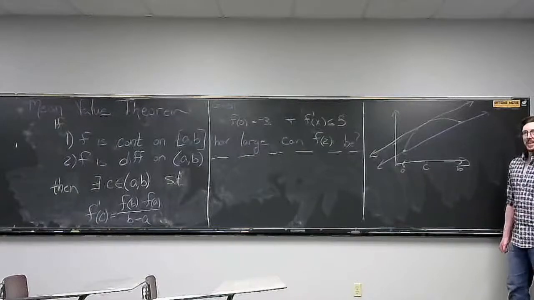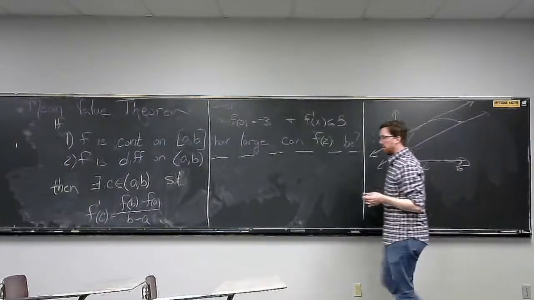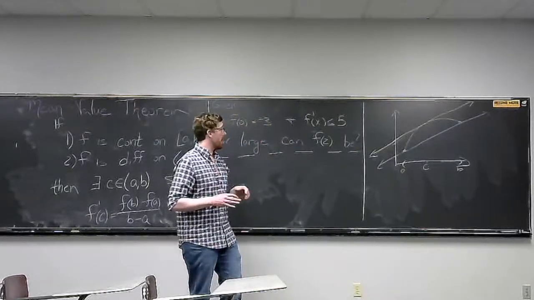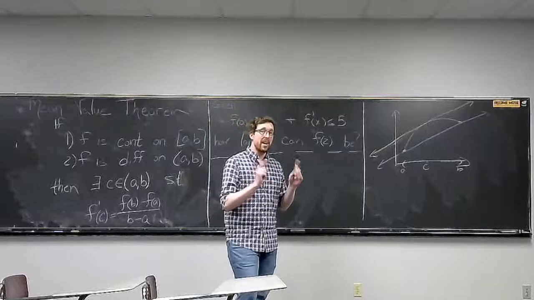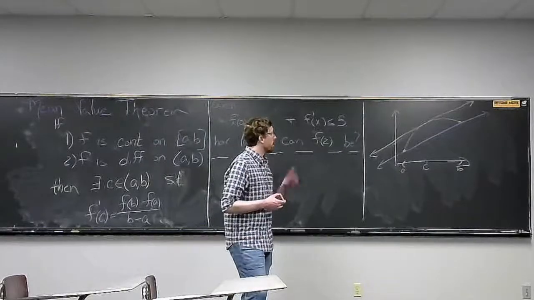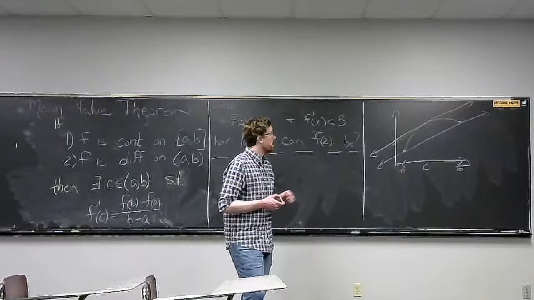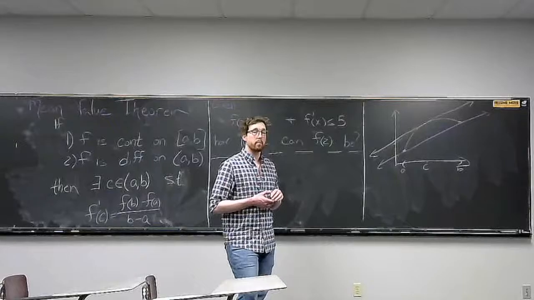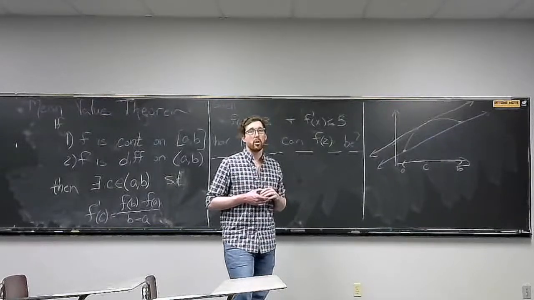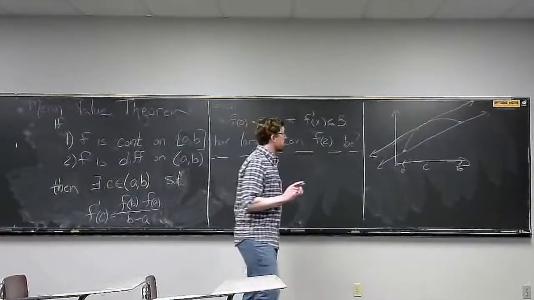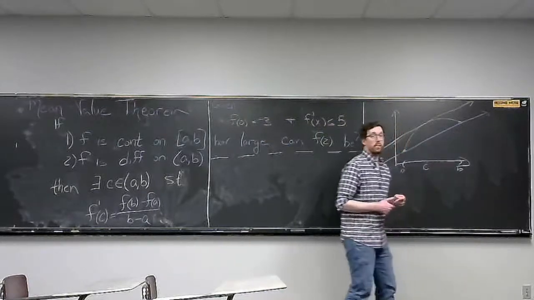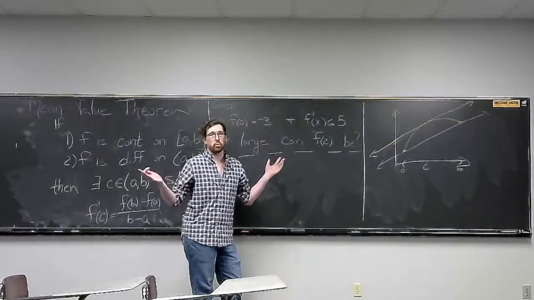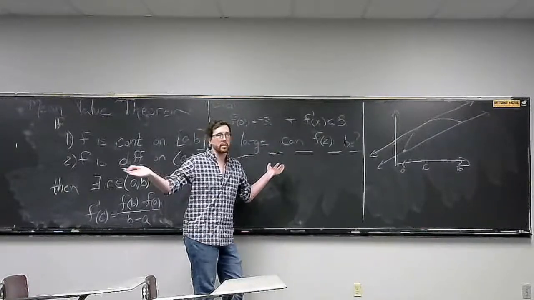There is a point c within your interval, or an x value c, I should say, there is a value x equal to c such that the line tangent to your function when x is equal to c is parallel to the line that is connecting the 2 endpoints of your function inside of that interval. So you're just saying it's 2 parallel lines. That's it.